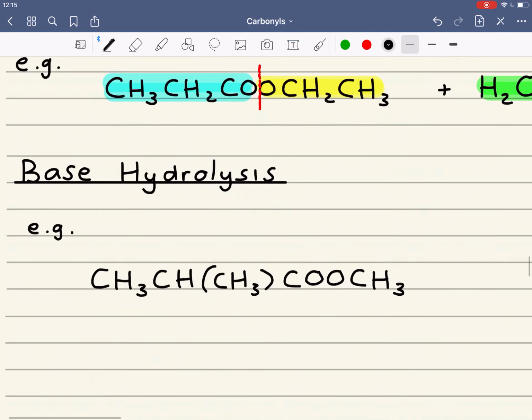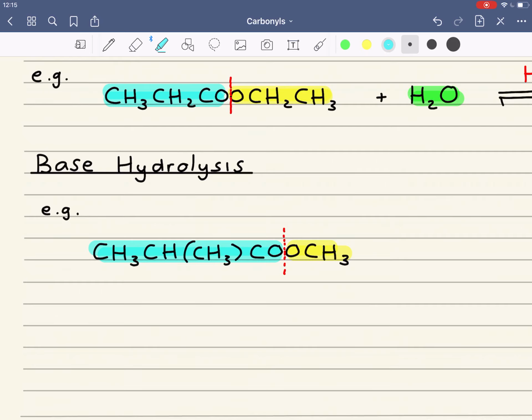Again, we would split the ester there. This part of the ester is going to be used to make the alcohol. This part is going to be used to make the acid.